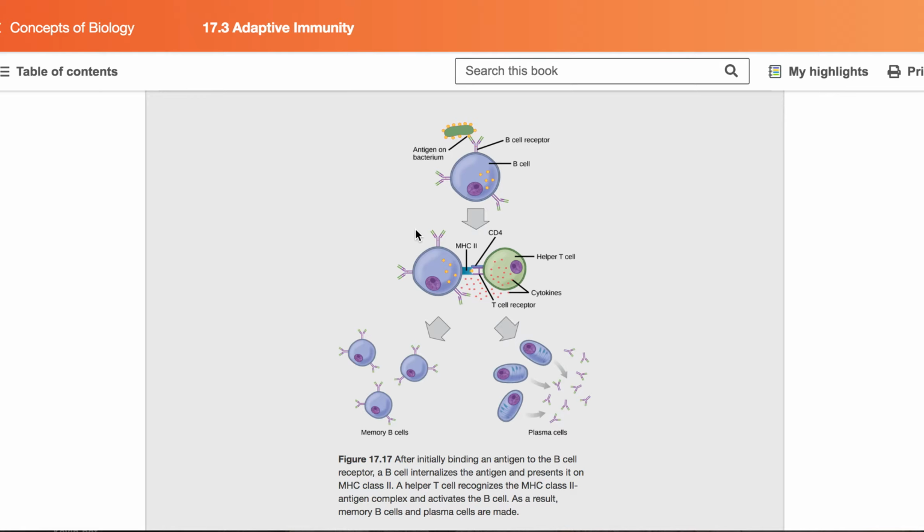So if you get an infection, say you get a certain cold or a certain vaccine, that same cold might infect your body again and again. But say in the case of a vaccine, you think, well, I got vaccinated for chicken pox, but I never got chicken pox, so maybe it's not necessary to give that vaccine to my child.